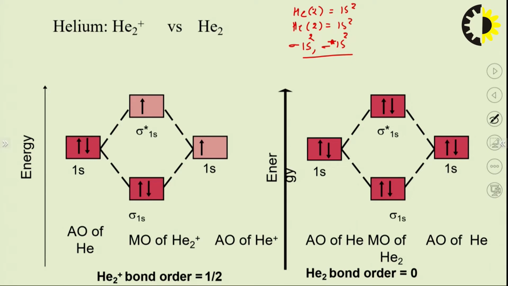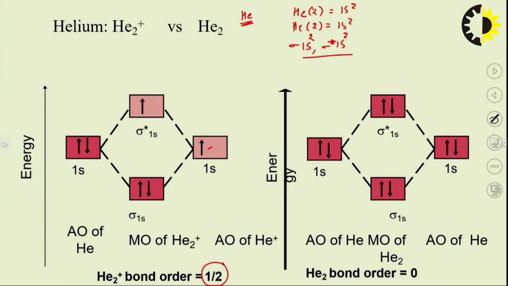So this is for helium, plain helium, okay. But for helium plus, what do we have to do? We have to reduce 1 electron, and if there is 1 electron less, then the bond order will become 2 minus 1 upon 2, which is half.